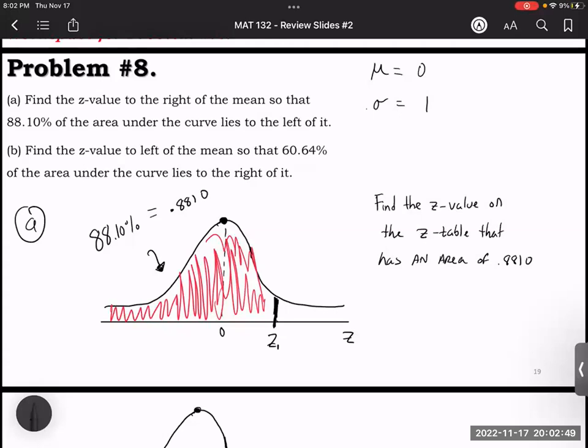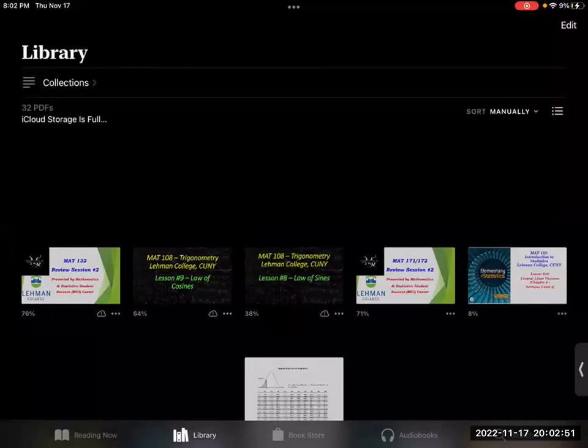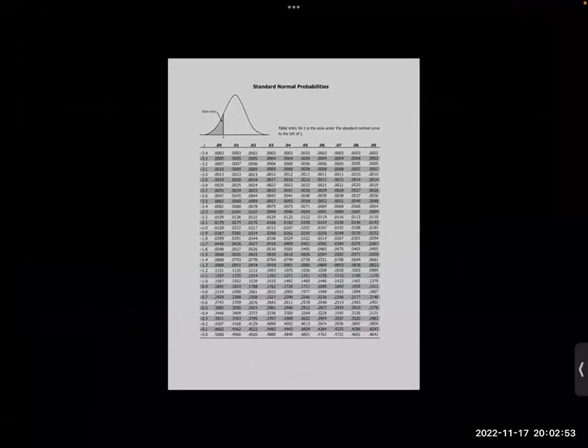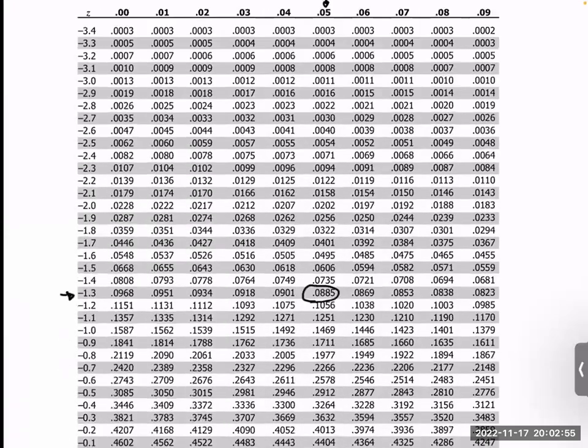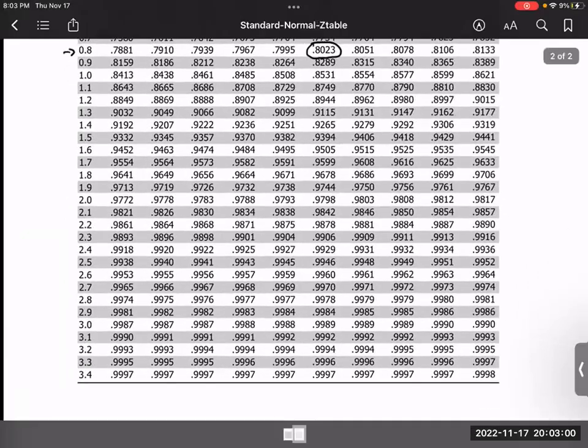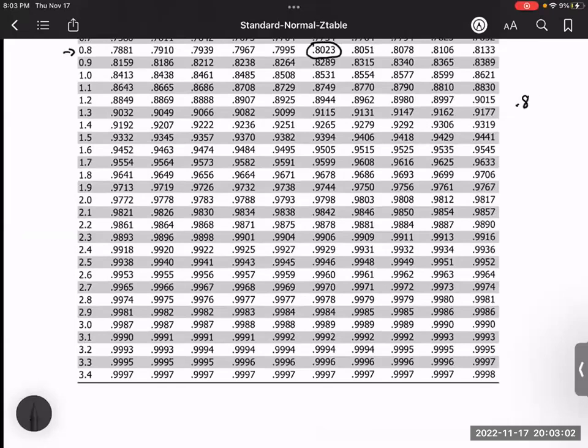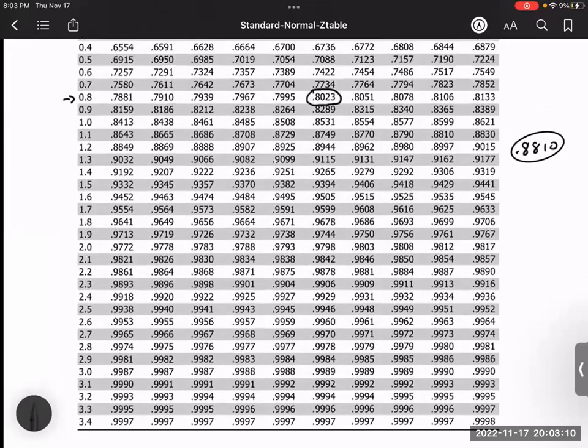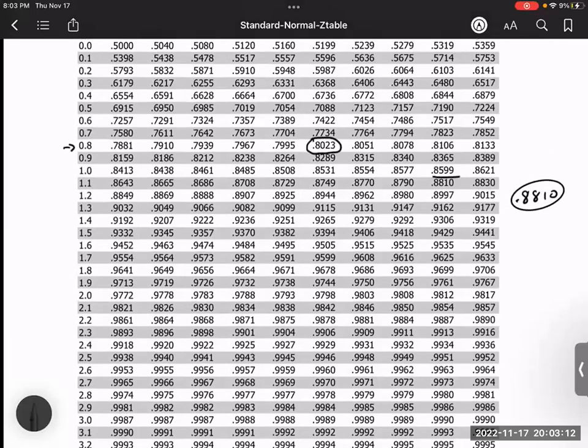Give me 1 second. Sorry, guys, in the Zoom meeting, I'm just going to pull up the Z table. So I'm looking at the positive side of Z values, and I'm looking for this decimal number, 0.8810. Gotta look for it. Well, looking at my list, it's not far from where I wrote it. It's right here. So it was present on my table.